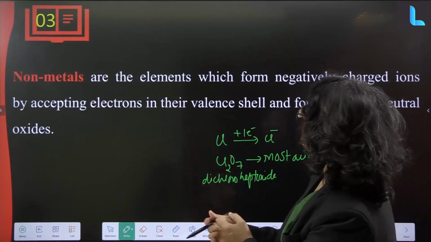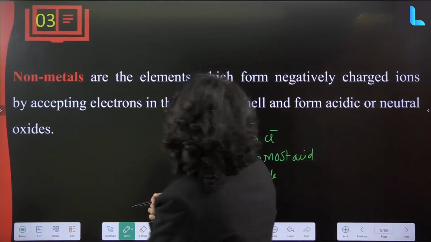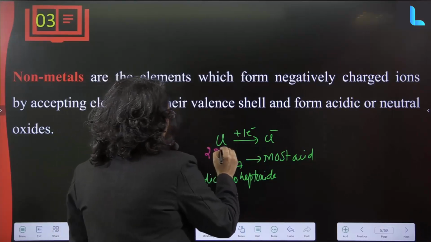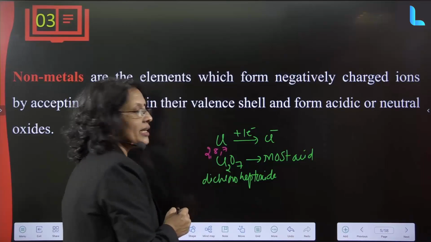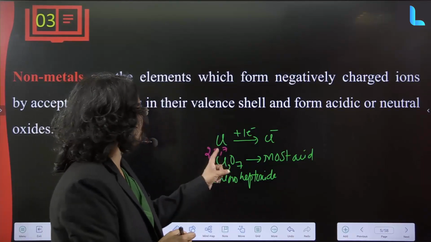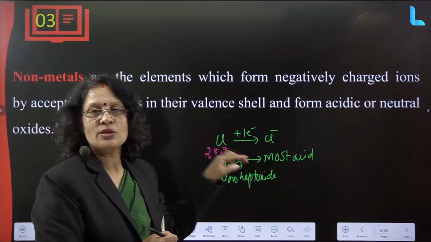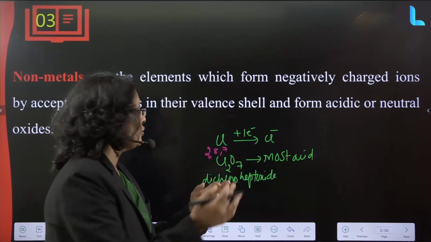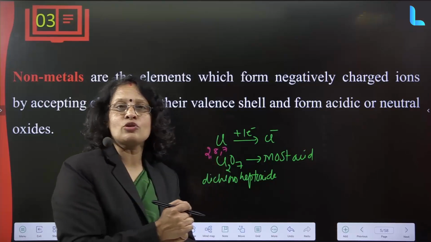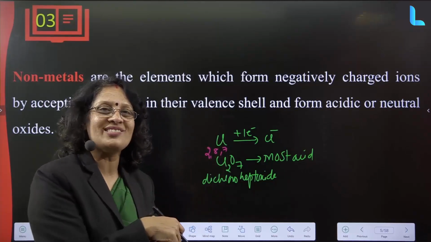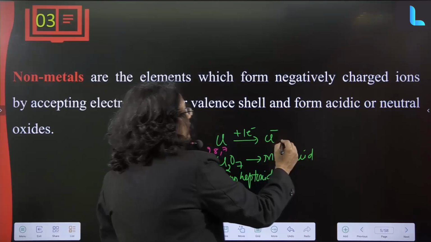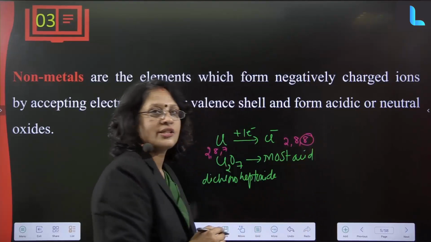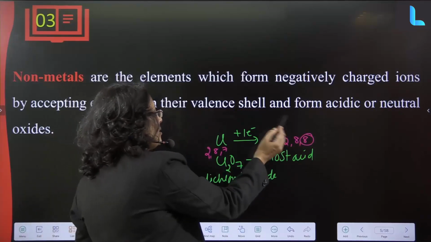Like this, non-metals are the elements which form negatively charged ions by accepting an electron. The outermost configuration for chlorine is 2, 8, 7. Giving up 7 electrons is very difficult, because a lot of energy is required to remove every electron. Instead, taking one electron into the outermost orbit is easier. So it accepts one electron from another species and completes its octet.